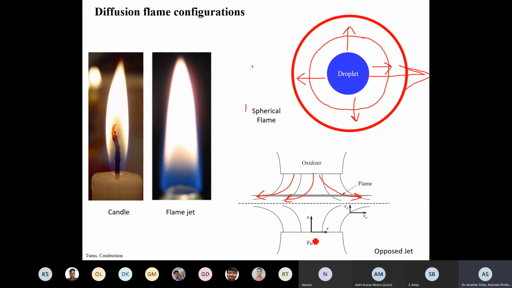Similarly, from the bottom we have fuel, which will again hit the wall and go like this. Is this okay? Yes, sir. So this will form an opposed jet and we'll get a very nice flat flame.